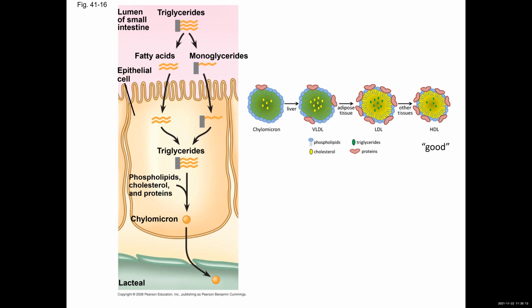Now, as we're salivating, as we're putting all these accessory solutions into the gut, and materials moving through it, we've added about 7 liters of water to the digestive tract.